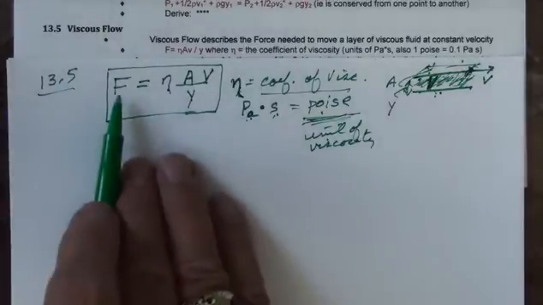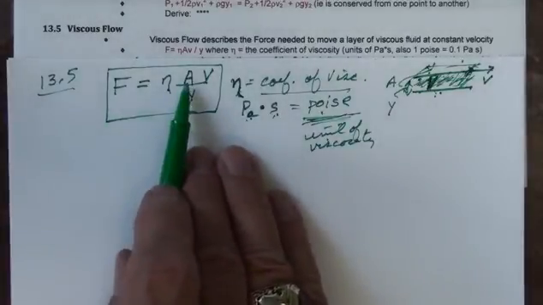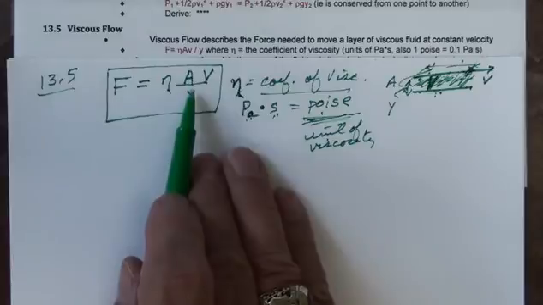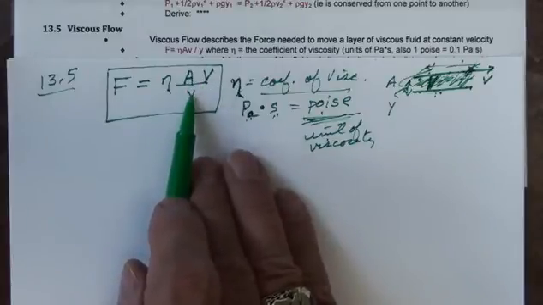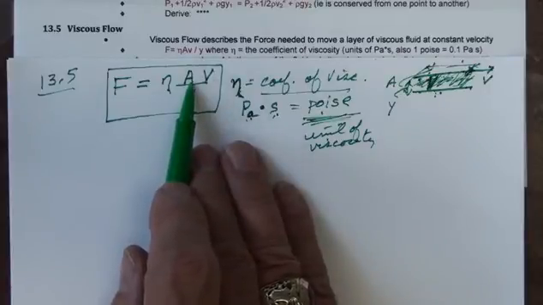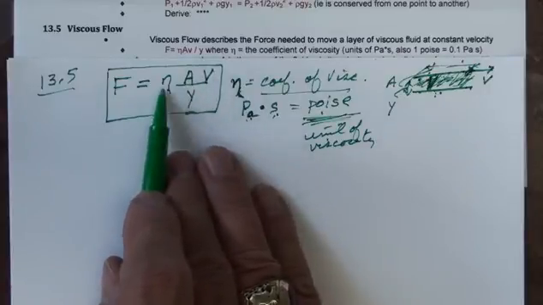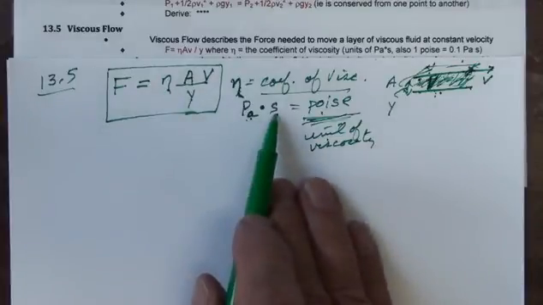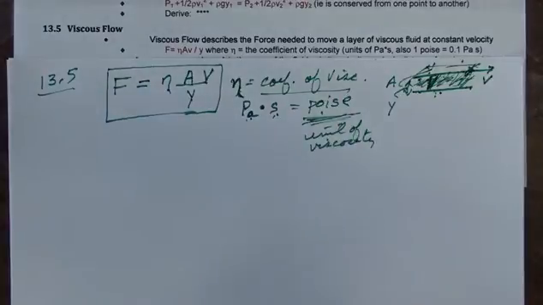That would mean if 1 Newton were needed to keep two plates that are 1 meter apart moving at a velocity of 1 meter per second when their cross-sectional areas are 1 square meter, that would be a viscosity of exactly 1 pascal second, or 1 poise.